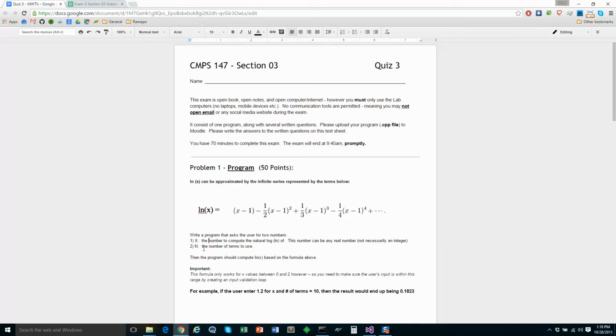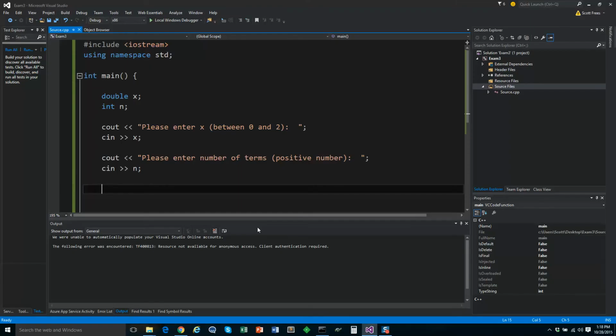So if the user types in 10 for the number of terms, I know that I need 10 terms. So that's the first thing. And it's a really simple step, but it gets you going in the right direction, and it gets you focused on the right things. So how do I write a loop that goes around n times to generate n terms?